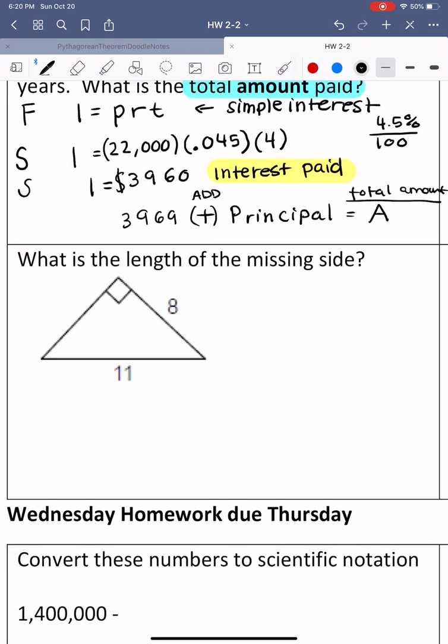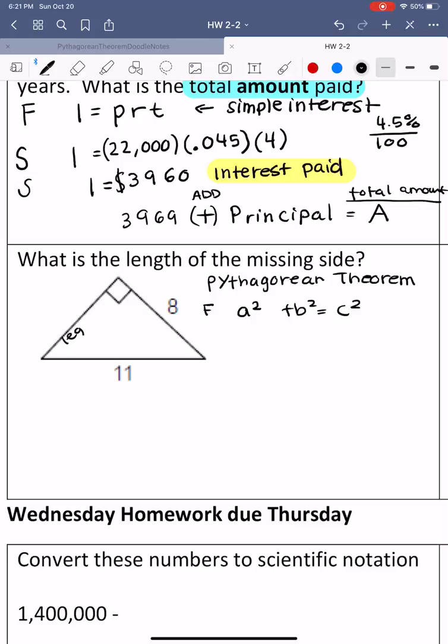What is the length of the missing side? Here we're dealing with the Pythagorean theorem. The Pythagorean theorem states, for our formula, that a squared plus b squared equals c squared. A and b represent the legs of the triangle.